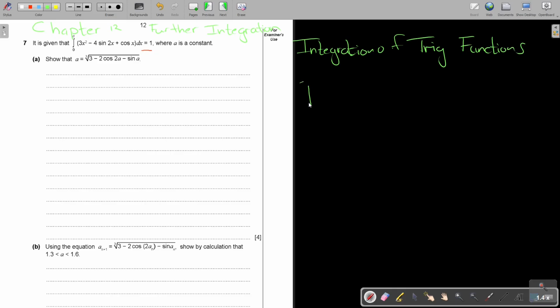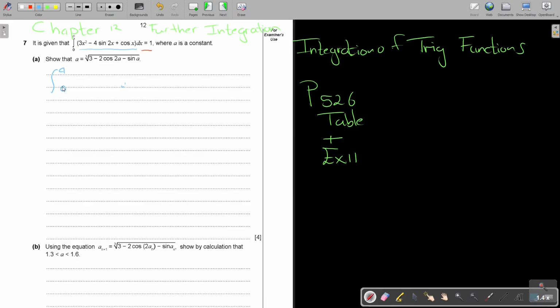You can look on page 5 to 6. Look at the tables to see all the integration rules, and then look at example 11. That is going to help you. But let's start.